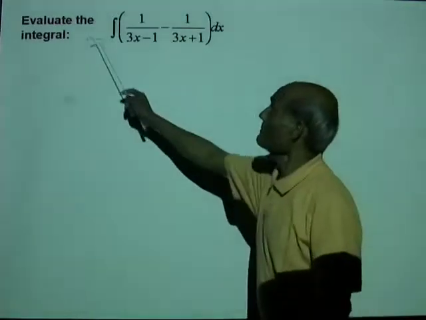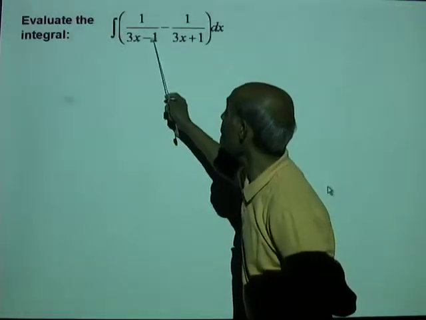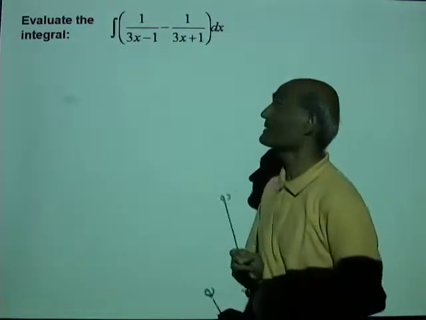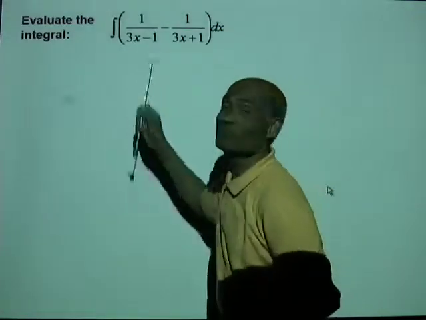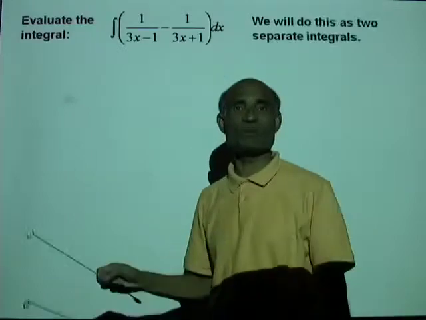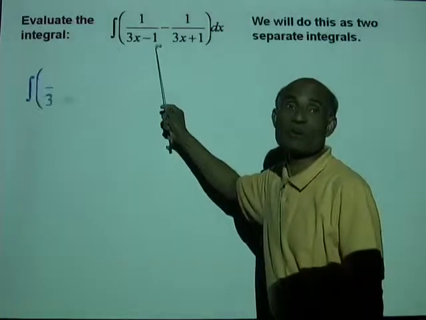Another one. Evaluate the integral 1 over 3x minus 1 minus 1 over 3x plus 1 dx. Actually, this is a simple form we can integrate. We can split this into 2 integrals. So we will do this as 2 separate integrals.